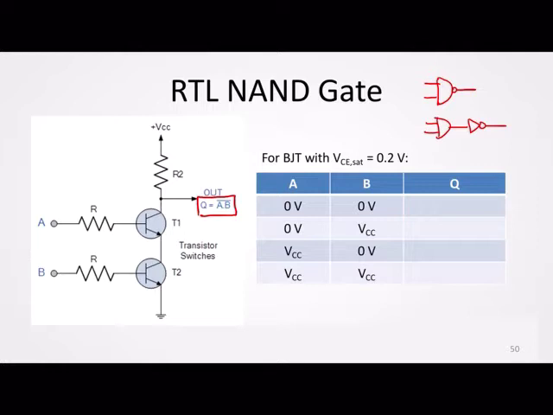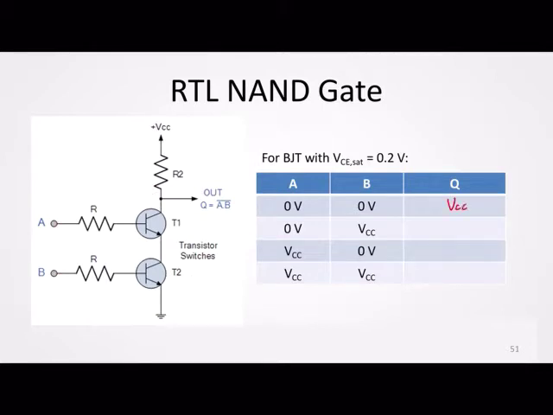To analyze it, let's look at the first row first. If both A and B are 0 or ground, both transistors would be cut off. If both transistors are cut off, then the current here is 0. So your output would be pulled up to VCC, with no voltage drop across R2.